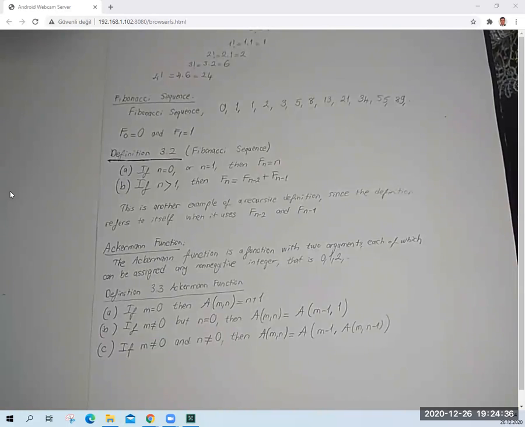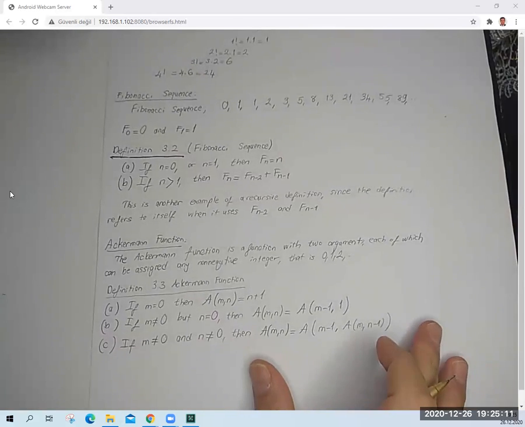Okay, is there any example? Anyway, maybe in the solved problems there is the example I'm looking for. Okay, yeah, there's the example. I want to cover some definitions instead of the example.